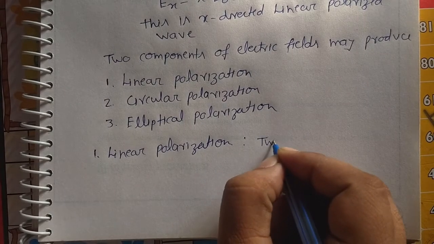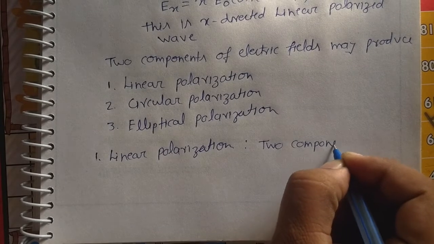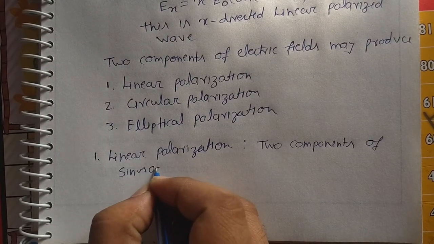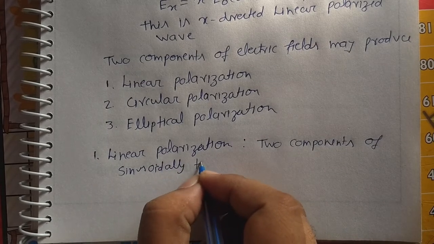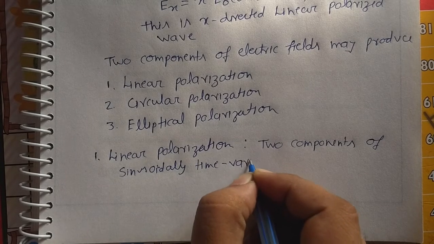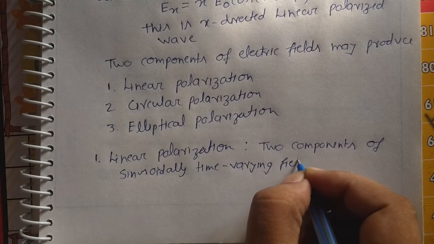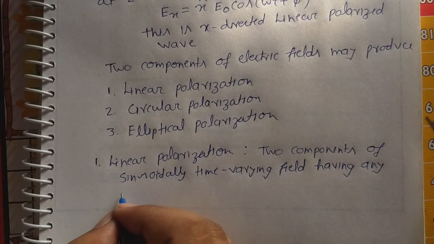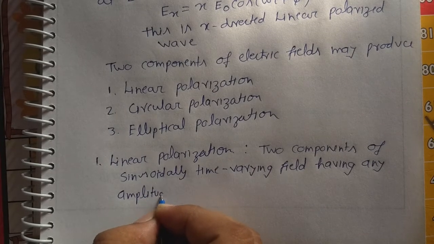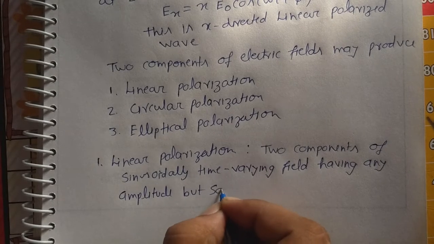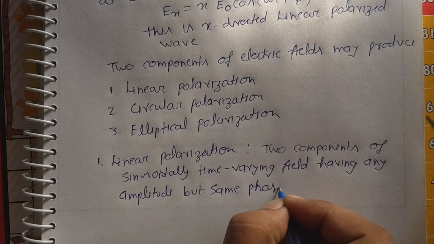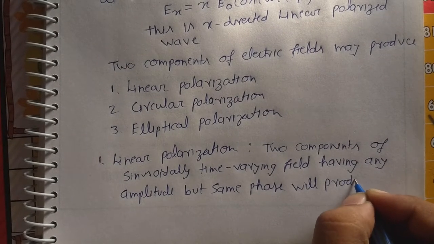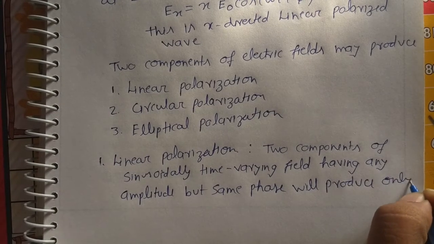Okay, two components of sinusoidally time varying field having any amplitude but same phase will produce only a linear polarized wave.